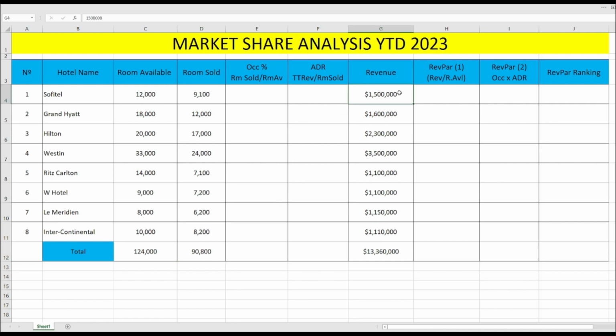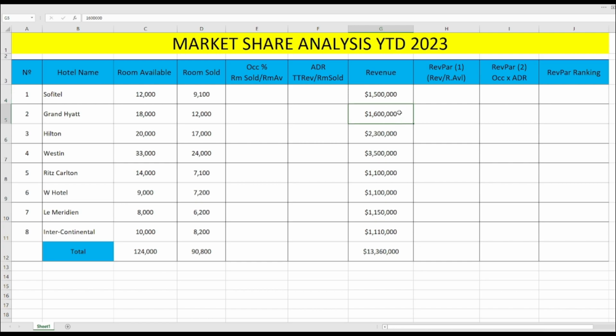Here is the total revenue as of June 2023. Total revenue for Sofitel is 1,500,000.